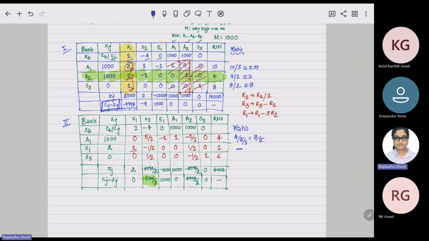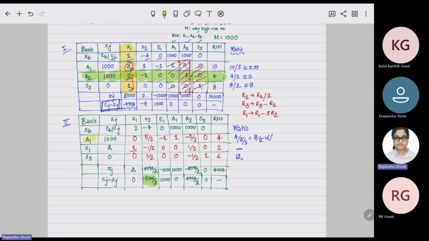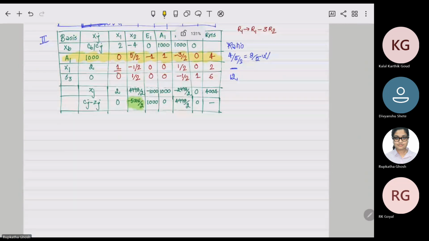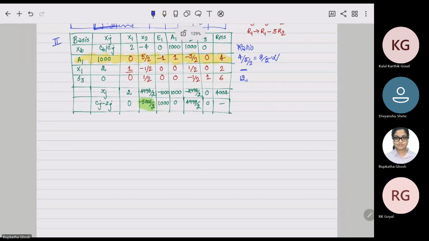So you simply leave it blank, and 6 divided by 1 by 2, 12. So which has the minimum positive ratio? This one. So now A1 you will be considering. Now A1 will leave the basis and X2 will enter. Okay. So now keeping this as the base table.